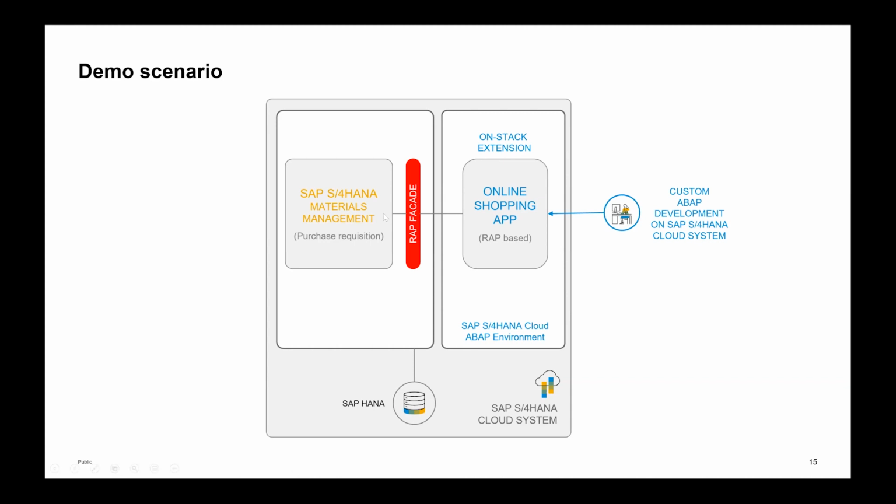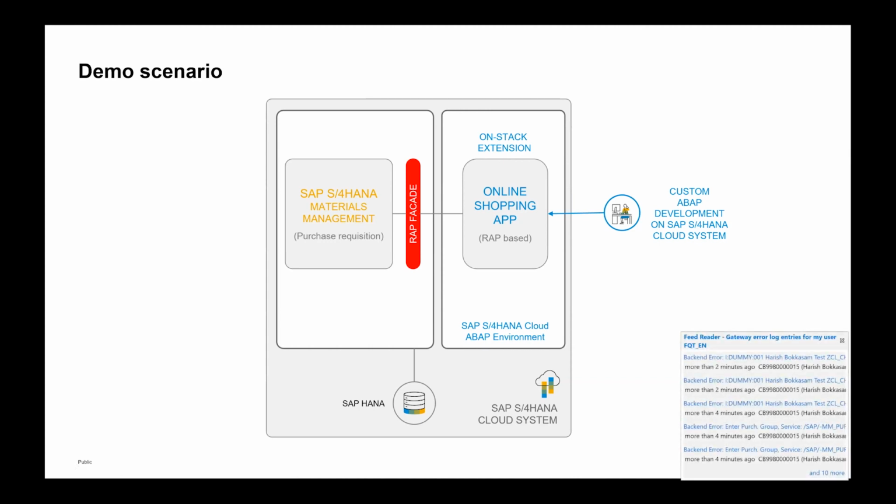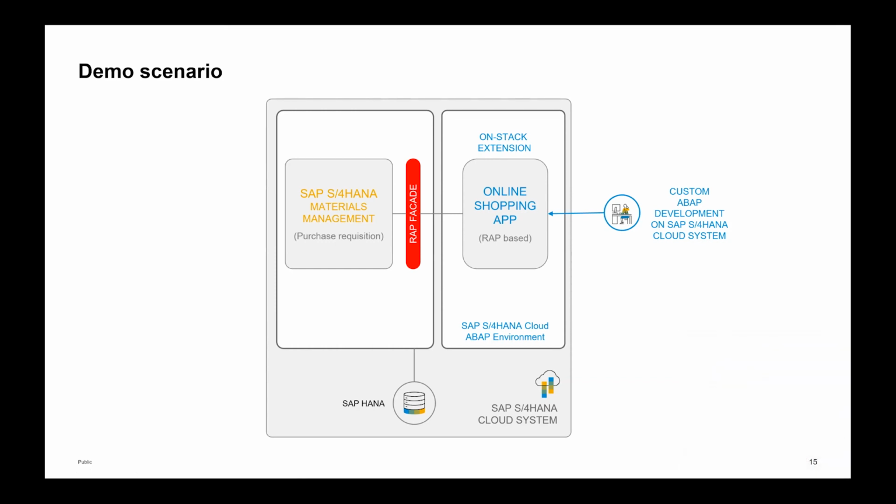Wrap facades are the released APIs from, let's say, procurements for a purchase requisition. The purchase requisition CDS view or the business object has been wrapped into a wrap business object, and it has been released as an API, which means we could use this API and create a new purchase requisition programmatically without using the UI. Whatever we have done before in this managed purchase requisition app, we can do it on stack using ABAP and a new entity manipulation language.